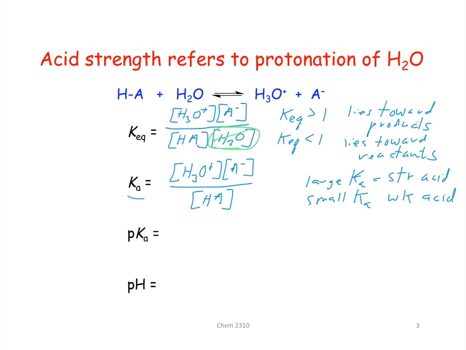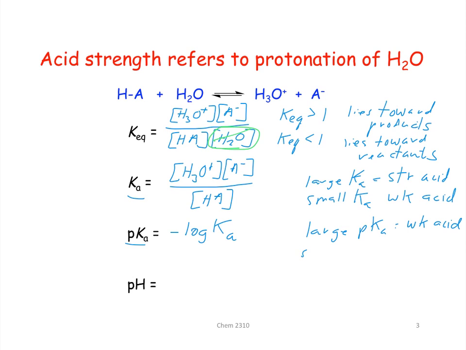So oftentimes what we do is use a log scale, called the pKa. The pKa equals minus the log of Ka. The trend we get is that a large pKa equals a weak acid, or a weaker acid.